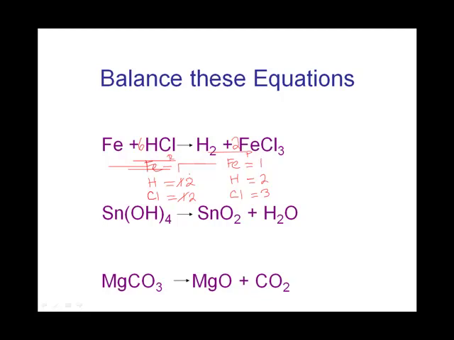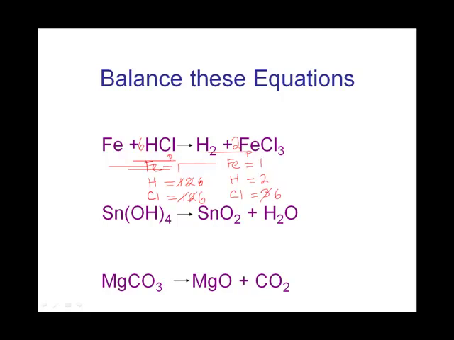Okay, now we readjust. So we have 6 H's here. We still have 2 H's there. We now have 6 chlorines, and we have 6 chlorines. Okay, so we're still not done yet. All right, but we're on the right track.